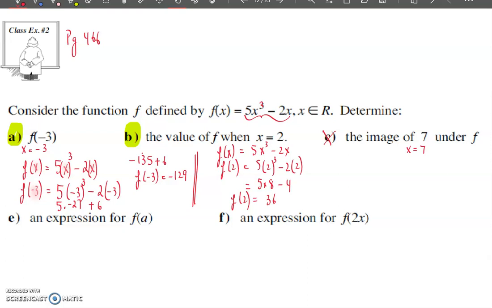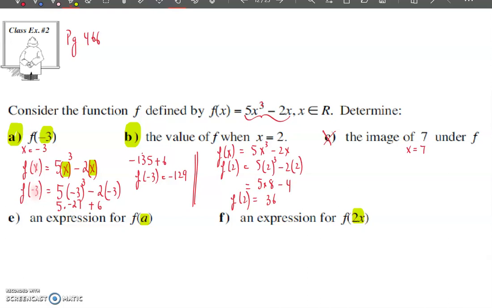Part E and F, how is that different? In A and B, we knew what the value of x was. You'll notice in the next two examples, they don't really give us the value of x. They just give us more variables. So here's the thing: no matter what is in that spot, whether it is a number, positive or negative, remember it goes where x is.